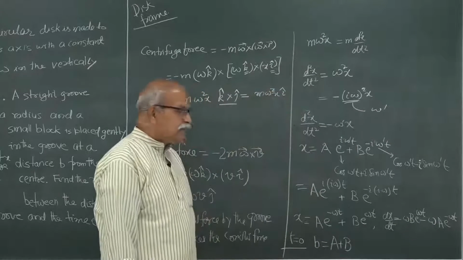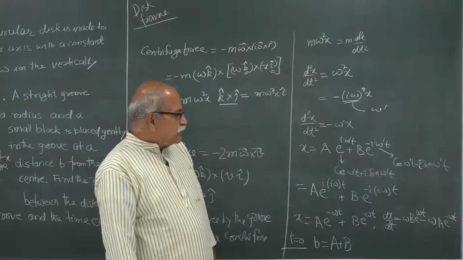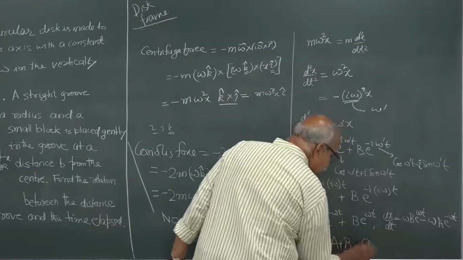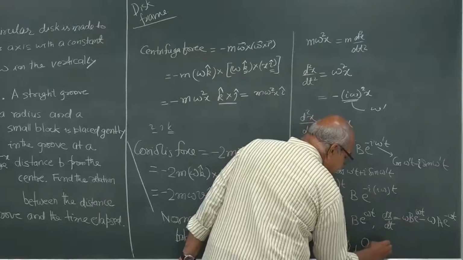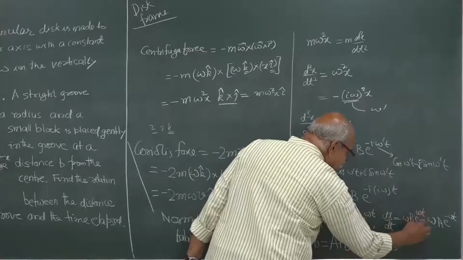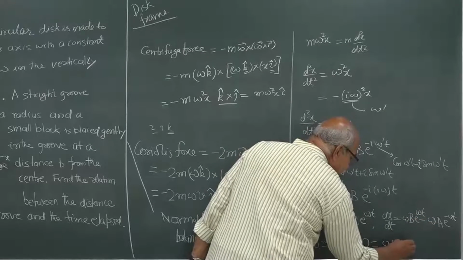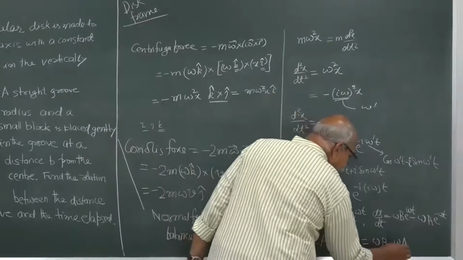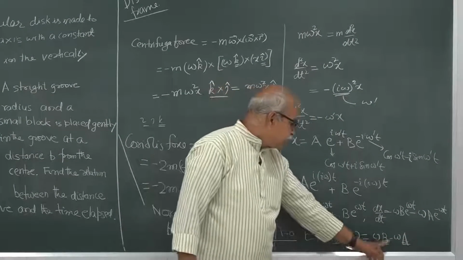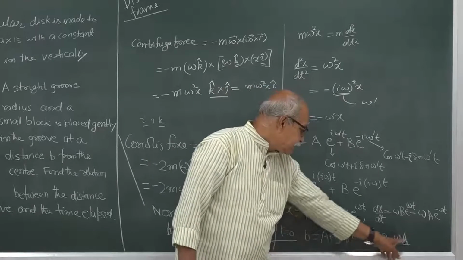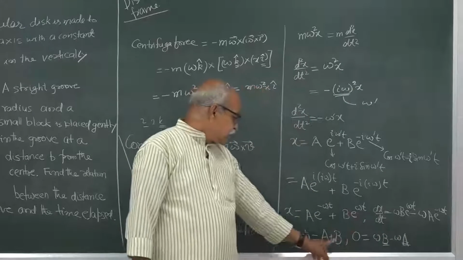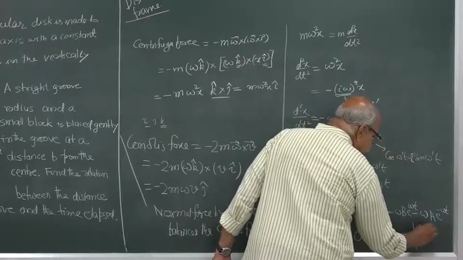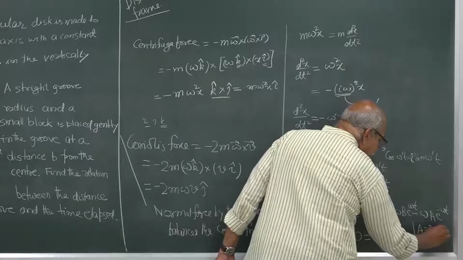This is the velocity at time t, and at t equal to 0 the velocity should be 0. Therefore, 0 should be equal to omega B minus omega A, since at t equal to 0 the exponentials are 1. So, omega times B minus omega times A is 0, which tells me A and B are the same, and the sum of these two is b, and therefore I know that A is equal to B and is equal to b by 2.